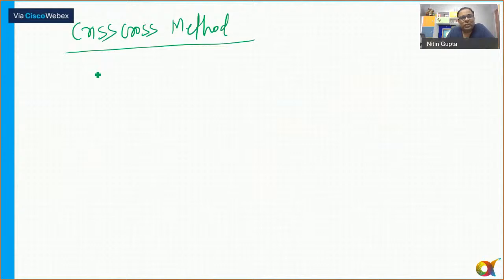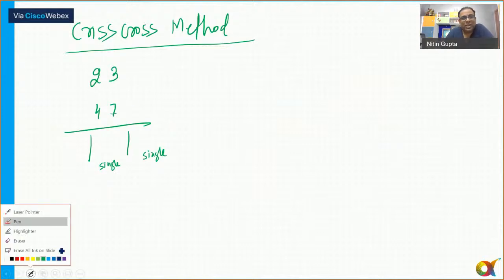Something like, if I say I need to multiply 23 into 47. Your answer is in 3 parts. Remember, the middle part must be a single-digit number, and the last part should also be a single-digit number. That is very, very important. So what does this crisscross method say here? Let's try to understand.